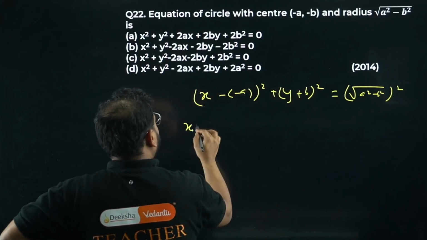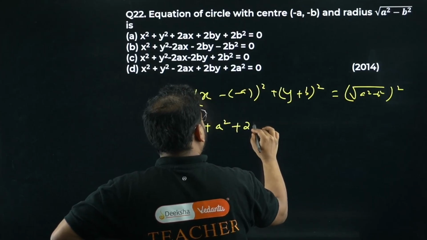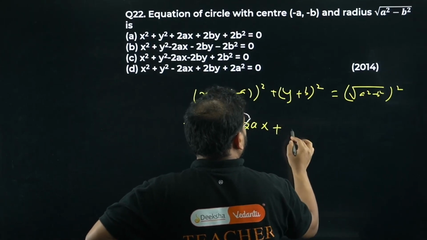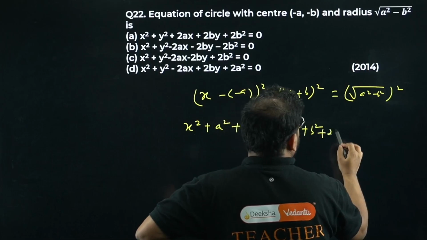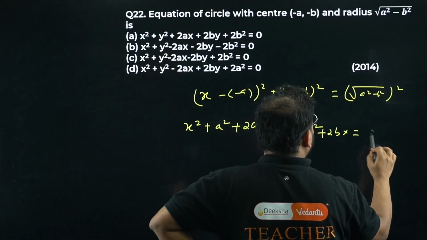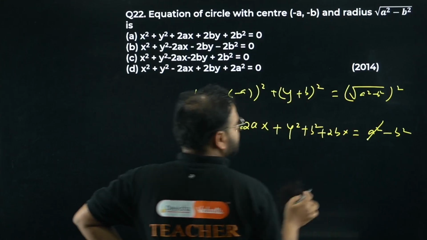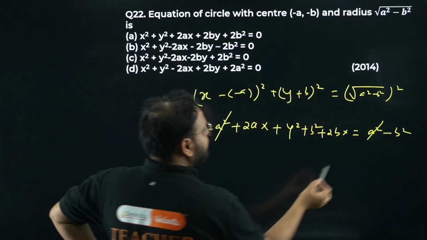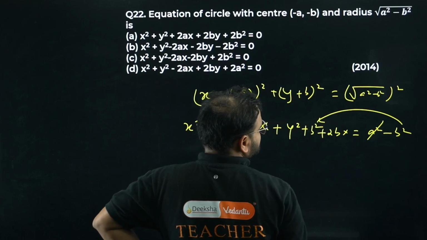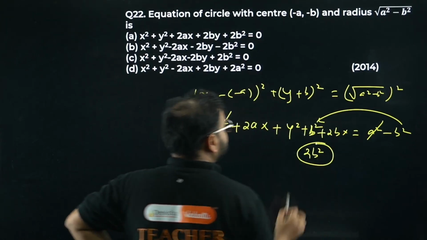I get x square plus a square plus 2ax plus y square plus b square plus 2by equals a square minus b square. This and this cancel. So basically I'll have no a square and plus 2b square, because I have b square over here; it comes to this side and becomes positive. So I have 2b square. Check the options.